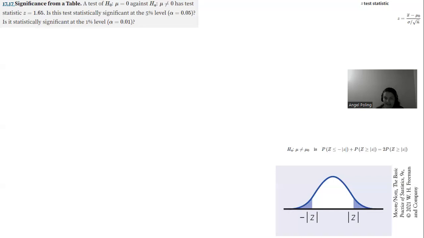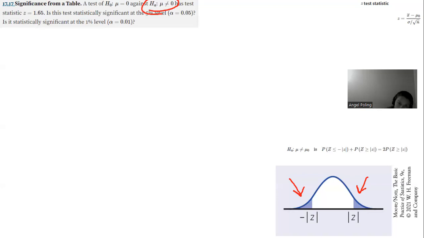Is this significant at the 5% level and or the 1% level, just like we saw before? The difference this time is we're dealing with the two-tail, right? So the not equal means two-tail because we don't really know if it's more or less than the old mu. We just don't think it's the old mu.